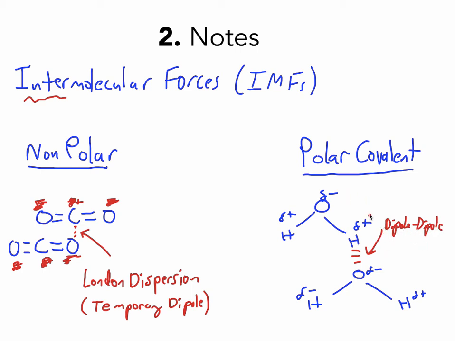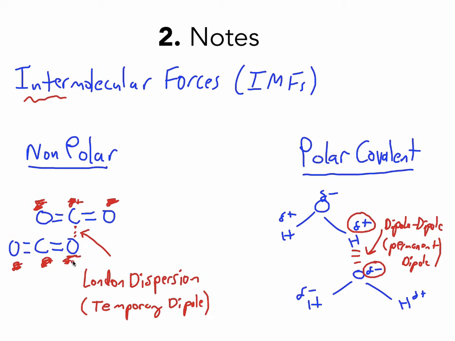Now, notice this partially positive and this partially negative charge are not going anywhere. They are stuck. So instead of a temporary dipole, this is actually a permanent dipole. So it's important that you write this. It's a permanent dipole. It's what causes polar molecules to be stickier, if you will, than nonpolar molecules.